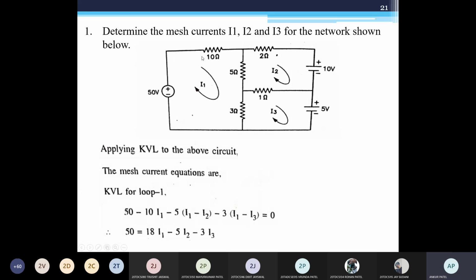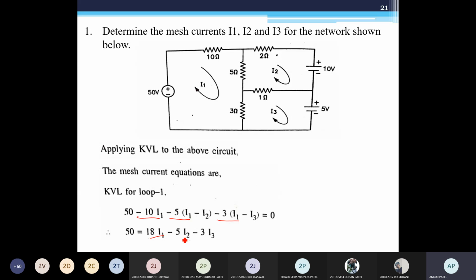So you can see 50 minus 10 I1 minus 5 (I1 minus I2) minus 3 (I1 minus I3) equal to 0. So you can write 50, and for I1 we have minus 10, minus 5, and minus 3, so that is minus 18 I1. Shifting to the RHS, that is 18 I1.